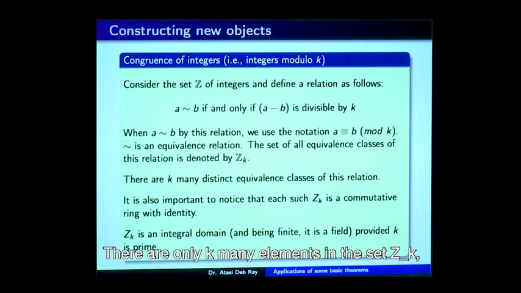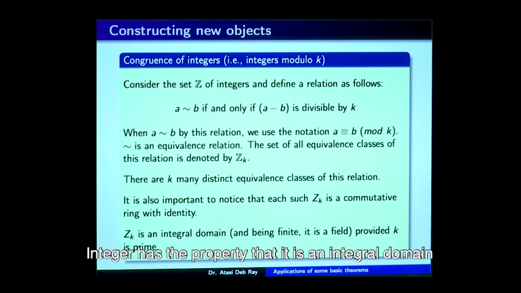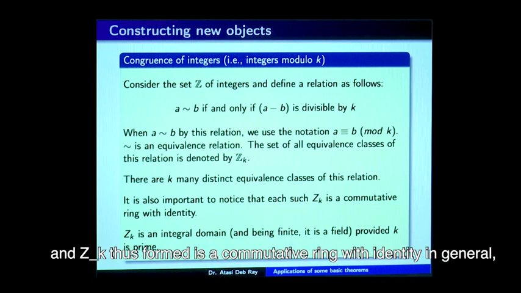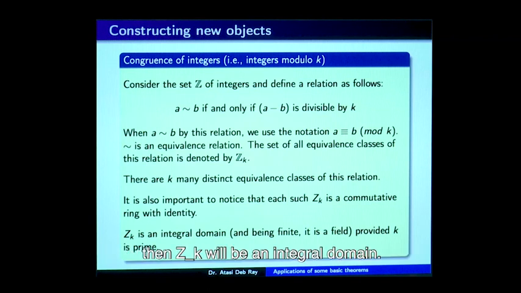There are only k many elements in the set Zk, but as we know, the set of integers has infinitely many elements. Integers has the property that it is an integral domain, and Zk thus formed is a commutative ring with identity, in general not an integral domain, but if k is a prime, then Zk will be an integral domain.